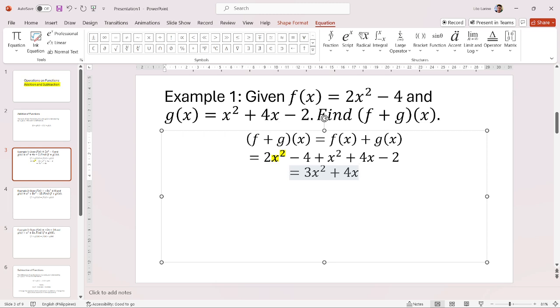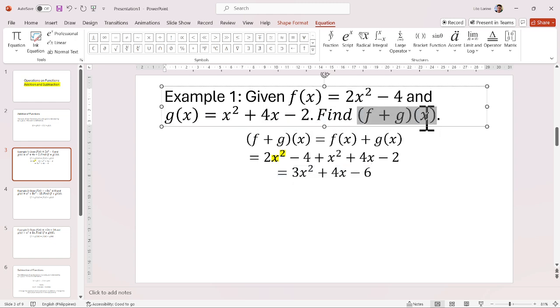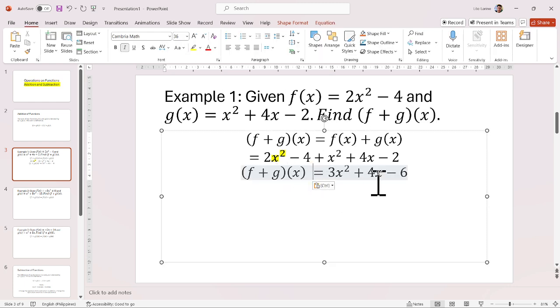And lastly, we will add the constant terms. We have negative 4 and negative 2. Negative 4 and negative 2 is equal to negative 6. Thus, the sum of f of x and g of x is 3x squared plus 4x minus 6.